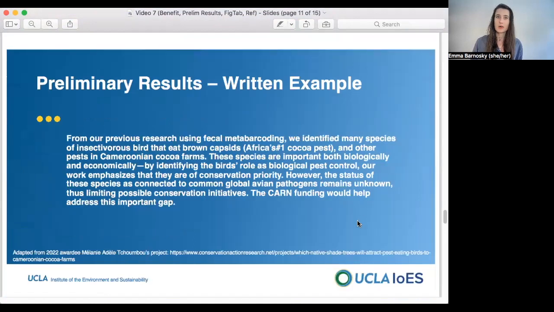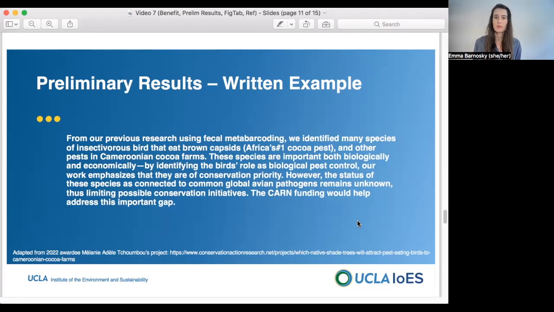By contrast, in our written example, this person did do previous research that brought them to this particular research proposal. They've stated, "From our previous research using fecal metabarcoding, we identified many species of insectivorous birds that eat brown capsids, Africa's number one cocoa pest, and other pests in Cameroonian cocoa farms.